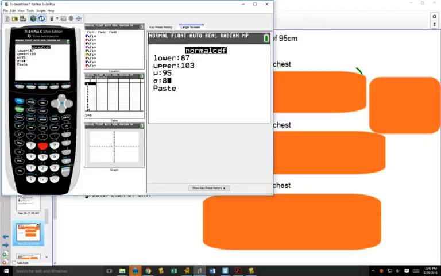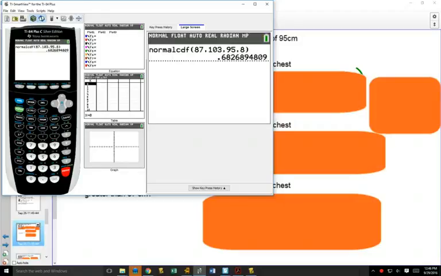If you have a newer operating system, this is how it shows up. If you have an older operating system, you just get normal CDF, and then you have to know that you put in your lower score, upper score, mean, and then standard deviation. Once we push enter, we said it was 68%.